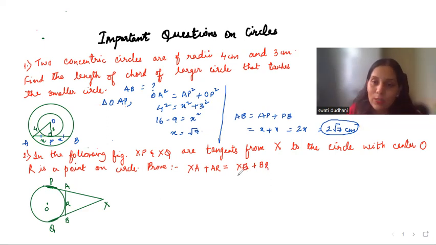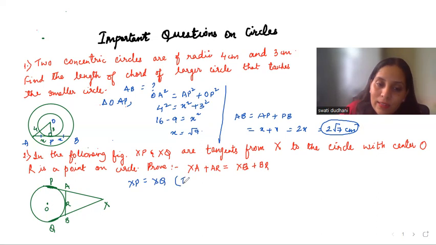All right. So since we know that X is the external point and XP and XQ are the tangents, we already know this theorem that the tangents drawn from the external point are equal in length. So from this, we can write that XP is equal to XQ.